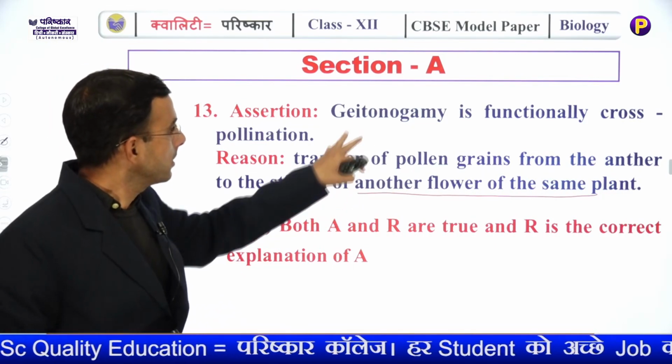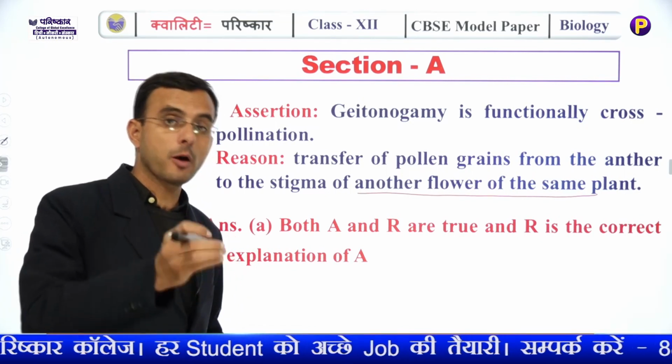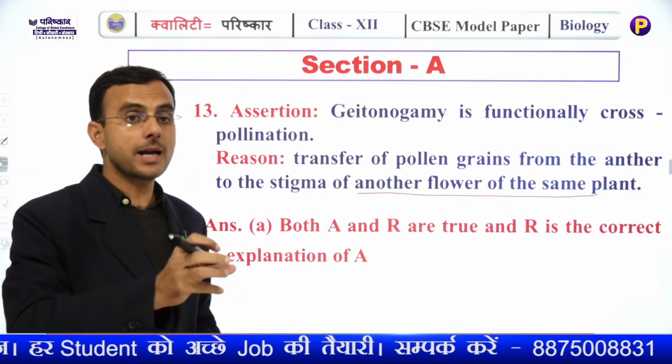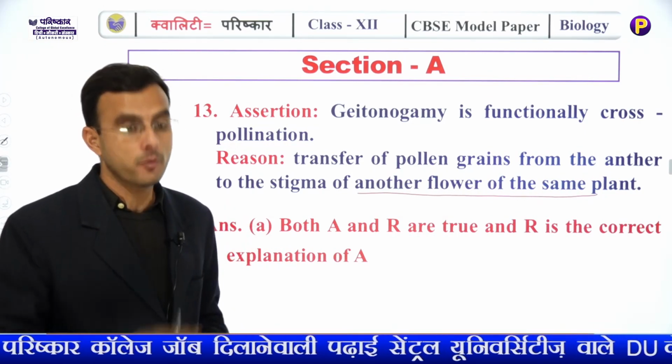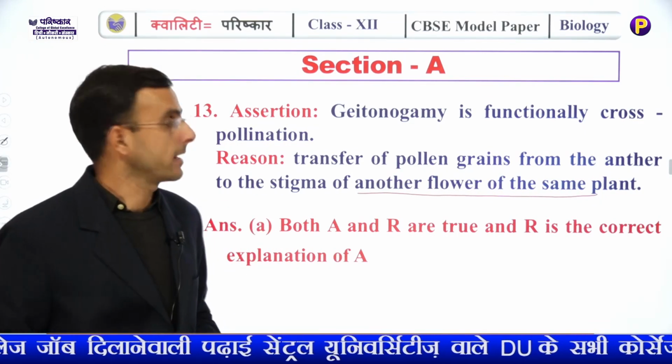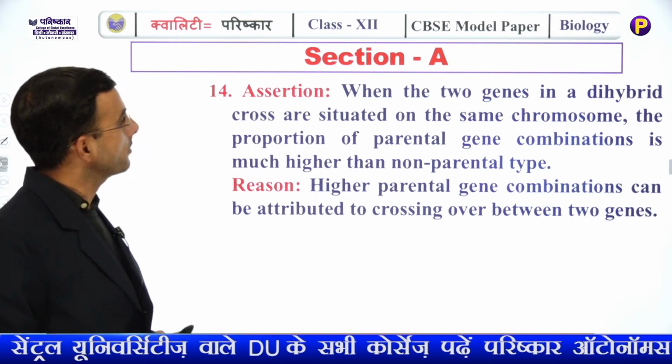Because geitonogamy is the transfer of the pollen grain to a flower of the same plant, but not at the same location. That is located maybe on different branches or a different site. Okay. Now next one is the 14th question.